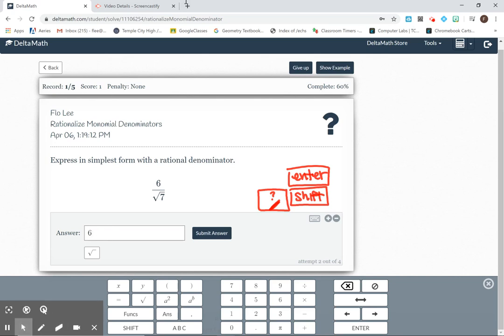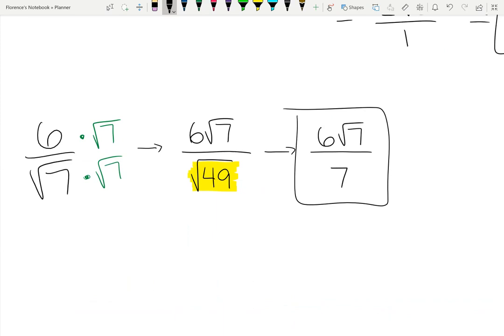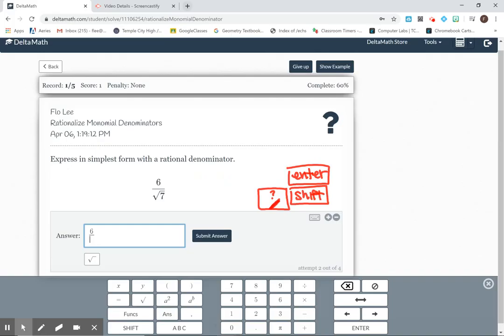So let's see, slash. And right when I type that in, notice how it turned this into a fraction. So now I can continue writing my answer in here. Let me look at my piece of paper. It was 6 square root of 7 over 7. So let me go back to the top.